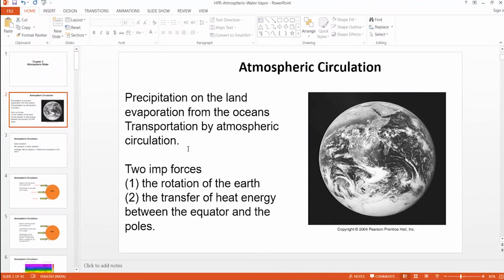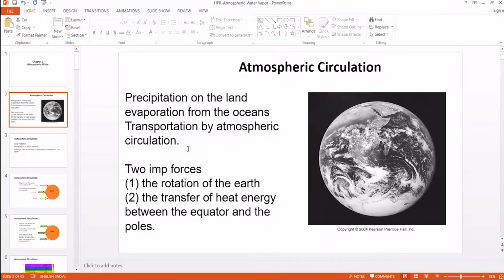Then this vapor condenses. This entire process needs energy, and some driving forces are required for this hydrological cycle to happen.